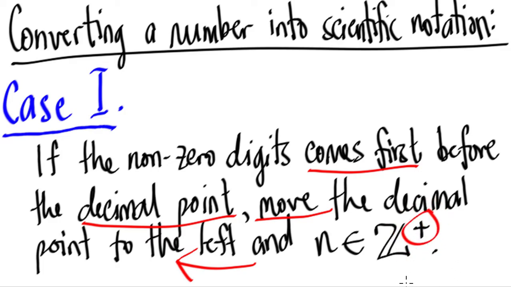N depends on the number of movements we make as the decimal point travels to the left.